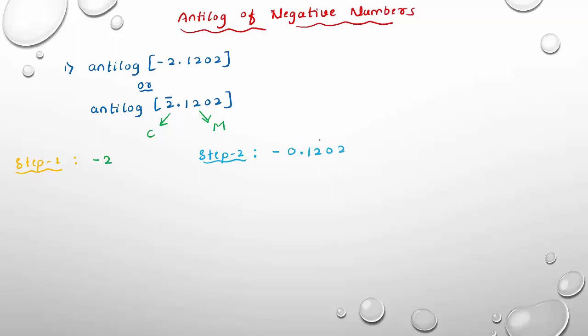Separately, I am going to write the given number in two parts. The first part is before the decimal point, that is minus 2. The second part is after the decimal point, which is called the mantissa, and this is minus 0.1202.